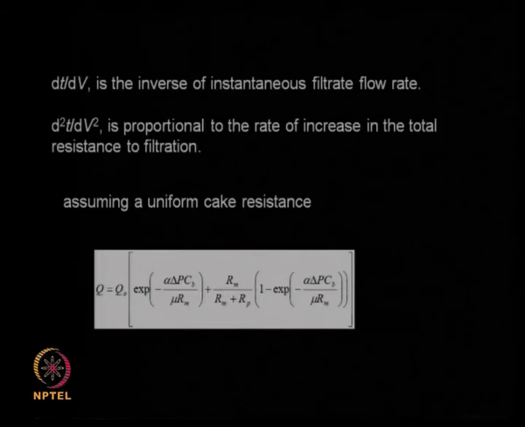So if you assume a uniform cake resistance, then we can integrate that equation and we end up with an equation like this with the exponential term. That means the flow rate will keep decreasing. Let us look at what each term is in the next slide.